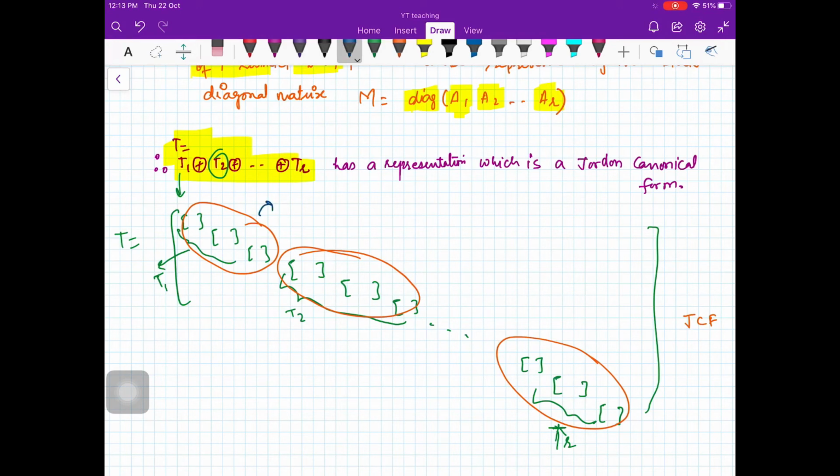What are the properties here? Here there is at least one block of size m1 and all others are of size less than or equal to m1. Here there is at least one block of size m2 and all others of size less than or equal to m2, and so on.